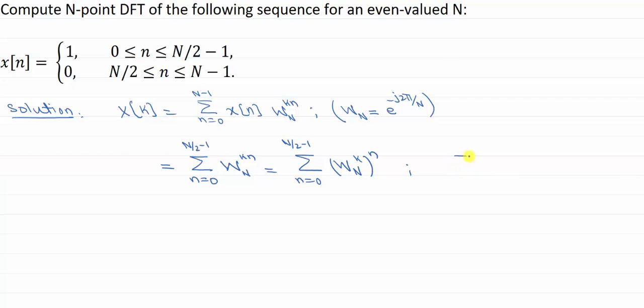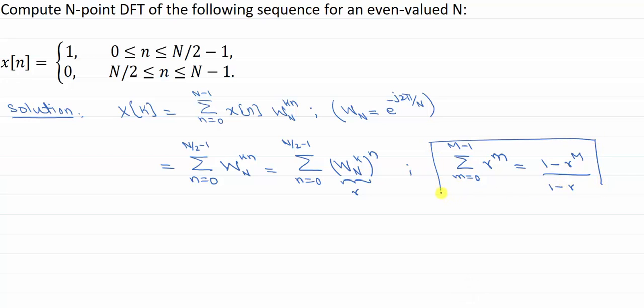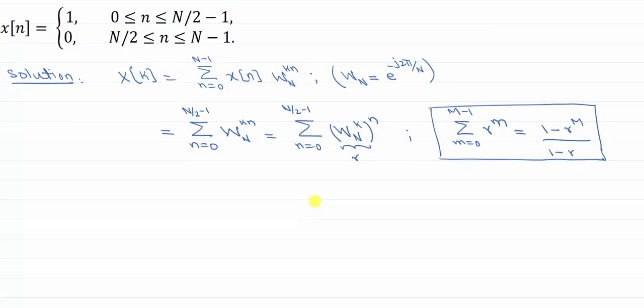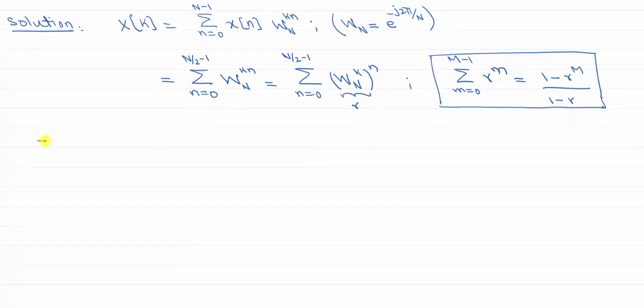So notice this is just a geometric series like this, sum over m from 0 to M minus 1 of r^m. Here m or n is just a dummy variable, so this is my r, and then my formula is 1 minus r raised to the M, the number of terms, divided by 1 minus r. So I'm going to just use this formula. If I do that, I get 1 minus W_N^k to the N/2 over 1 minus W_N^k.